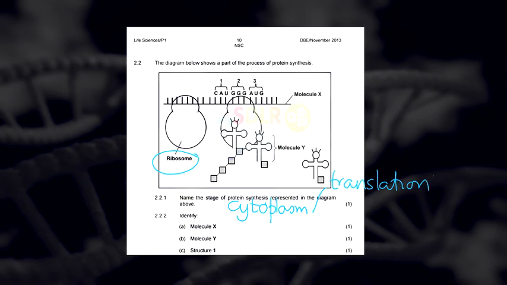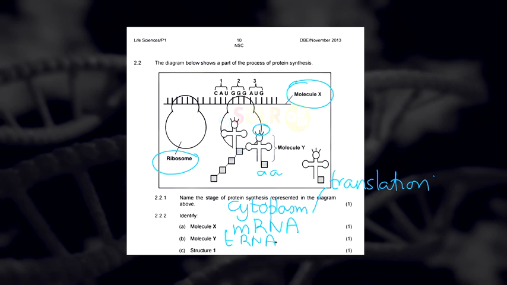The next question asks you to identify molecule X. So, molecule X, like I identified earlier on, was just a single strand, so it could only be mRNA. Molecule Y, if I look at it closely, shows 3 bases on one end, and an amino acid at the other end, so molecule Y would then be tRNA.